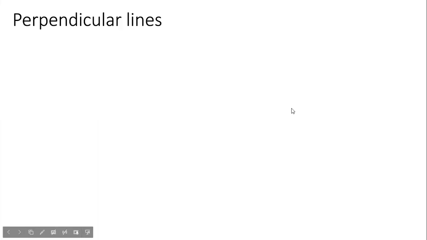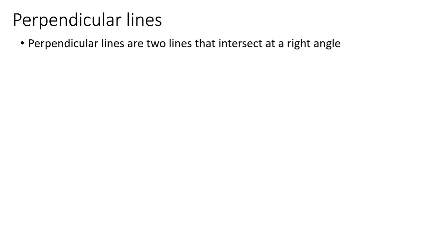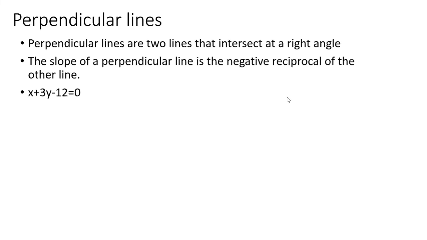Perpendicular lines are two lines that intersect at a right angle. So they make a right angle at their intersection.